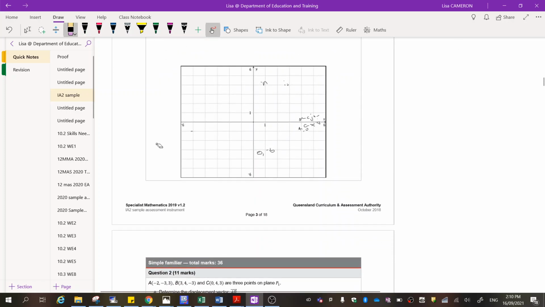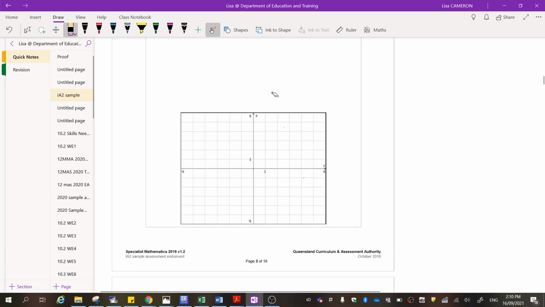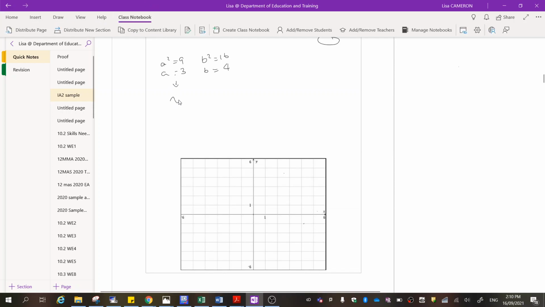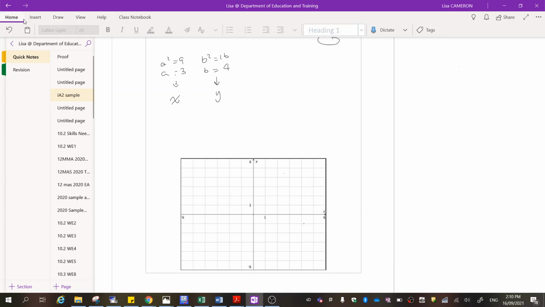So if we rub all this out, alright, let's have a look. So we've got that. This should be pretty easy to graph. So if we scroll down here, A is related to our x-axis, B is related to our y-axis, purely from the Cartesian equation.